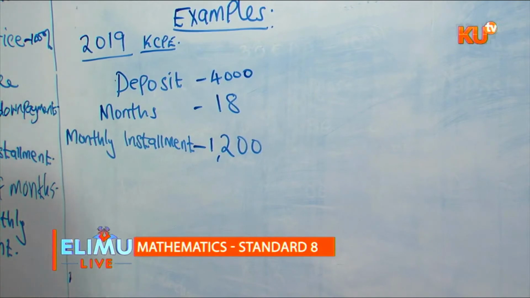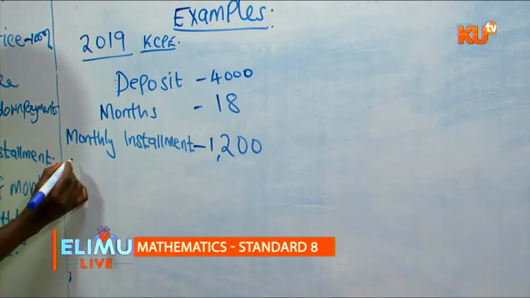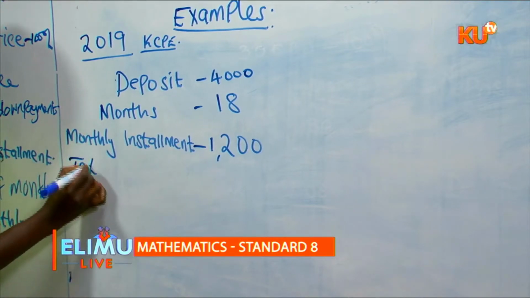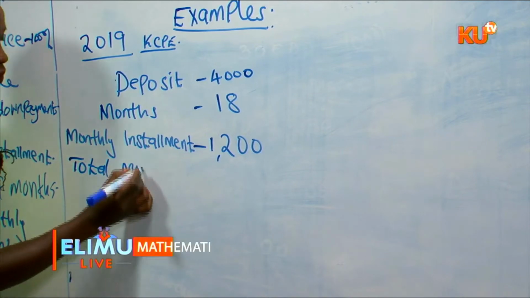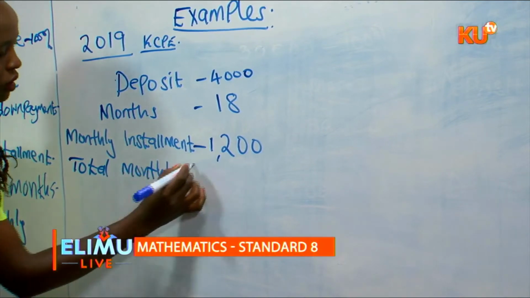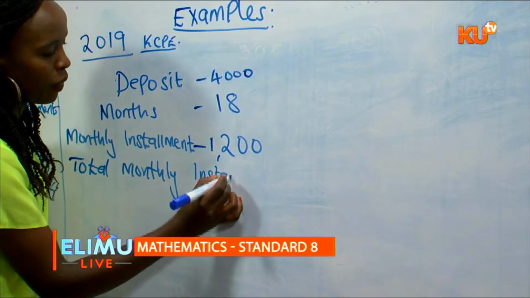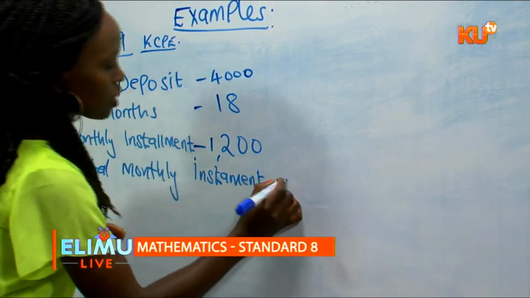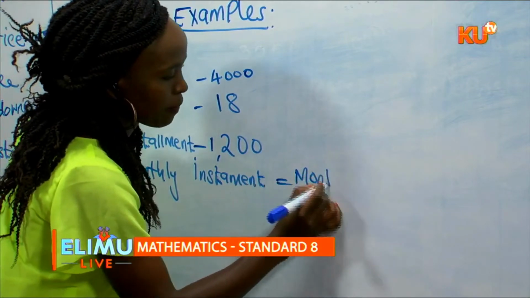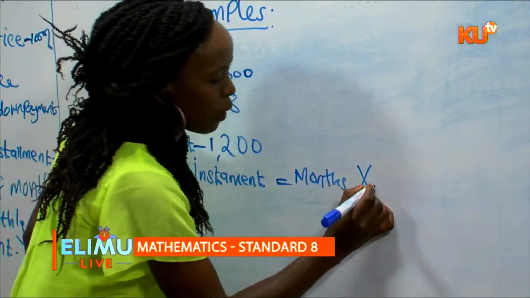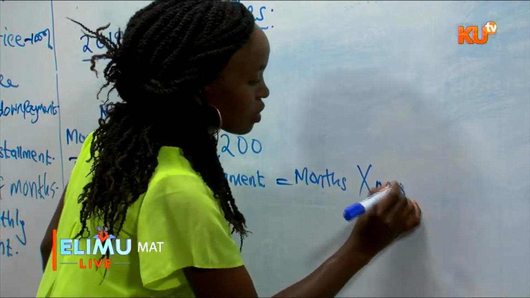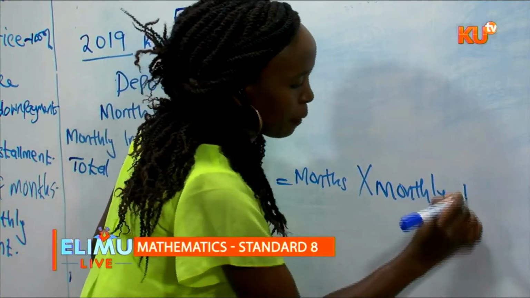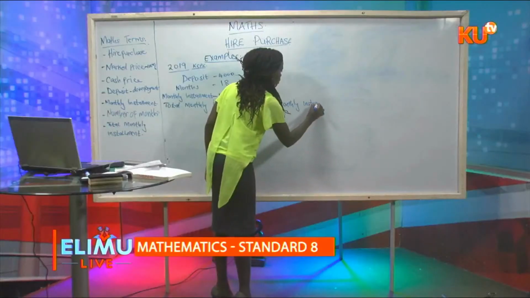So with the deposit, with the number of months, even before we continue with the question, we can be able to calculate the total monthly installment. So the total monthly installment is equal to the number of months times the monthly installment.